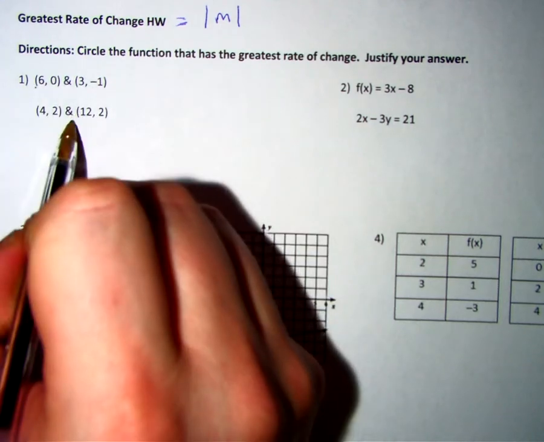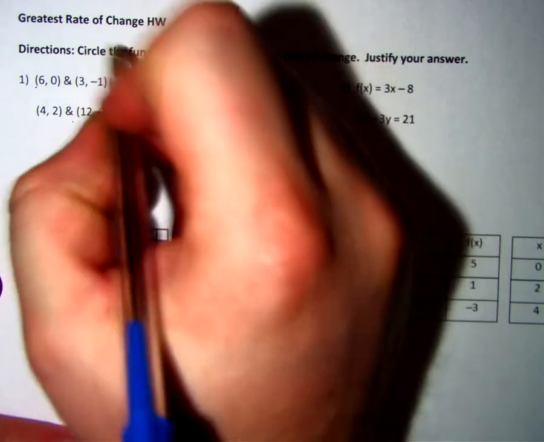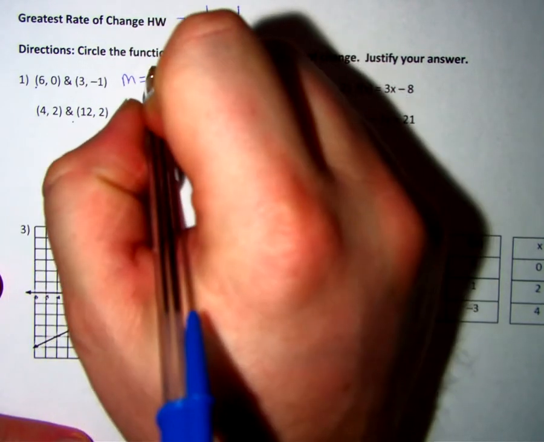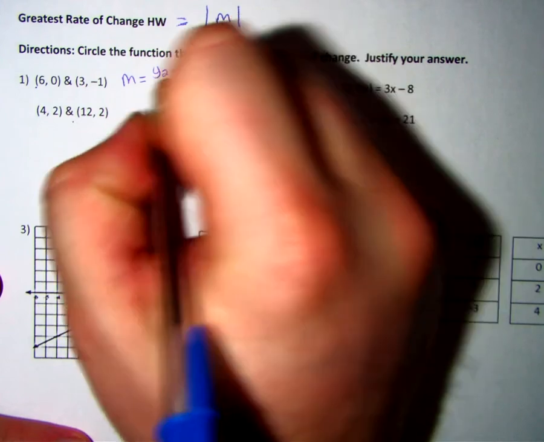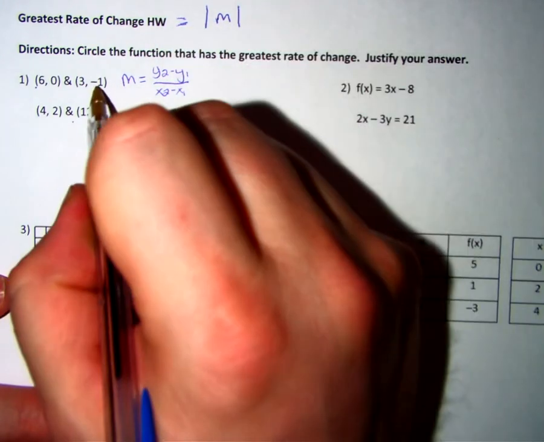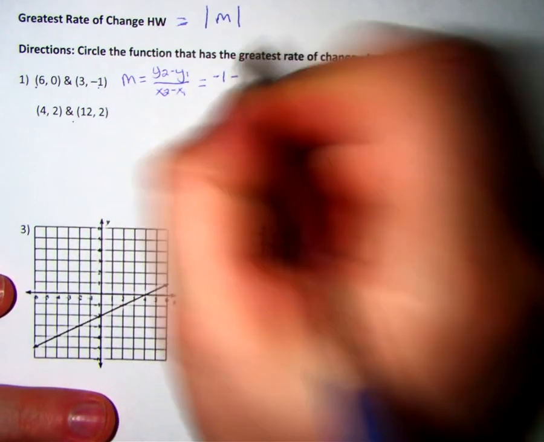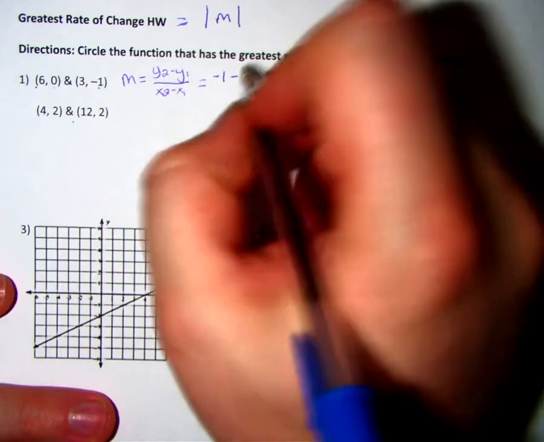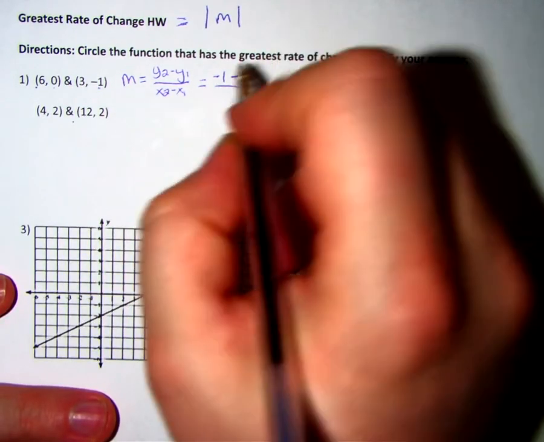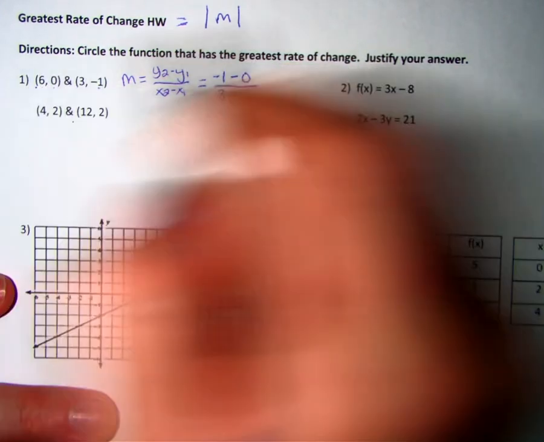So I have two different lines designated by their ordered pairs. And since we have ordered pairs, we're going to use the slope formula to find the slope. Our slope formula, m equals y2 minus y1 over x2 minus x1, where my y2 value is -1, minus my y1 value is 0, over my x2 value is 3, minus my x1 value is 6.